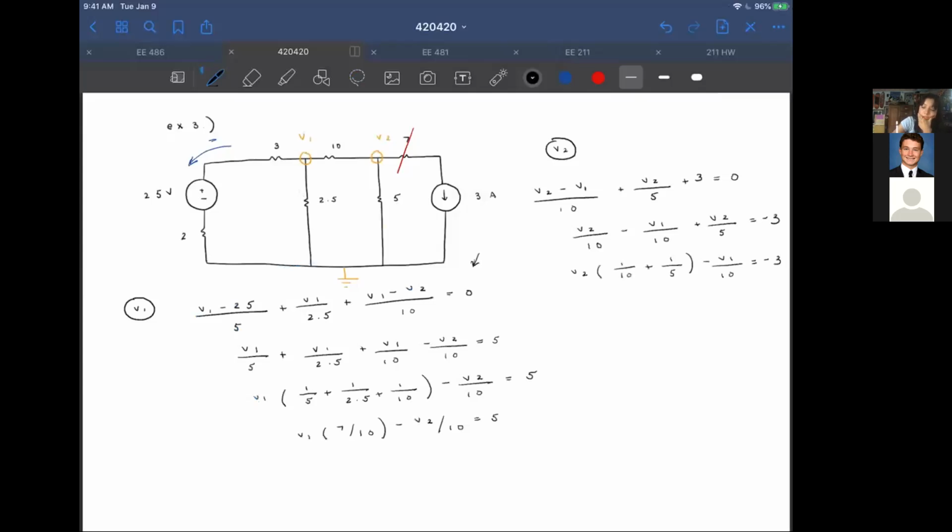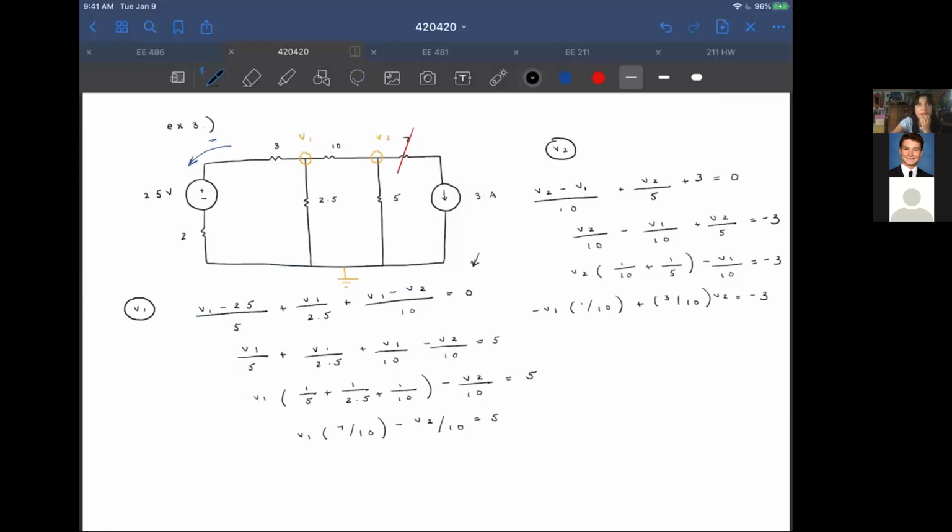And then eventually you'll get this equation here.